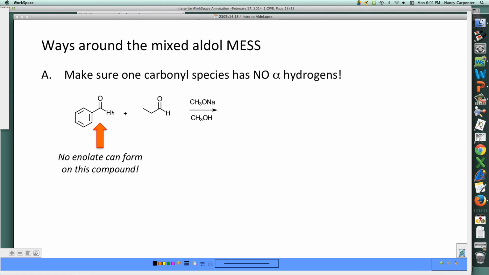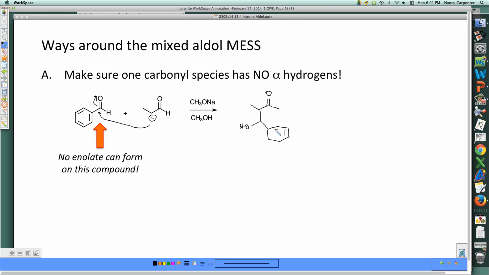So if I form the enolate on propanal, I should be able to fairly selectively make my aldol product.